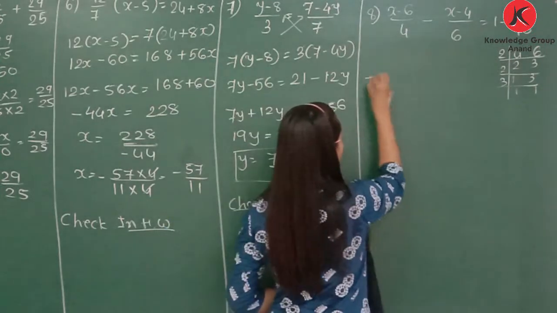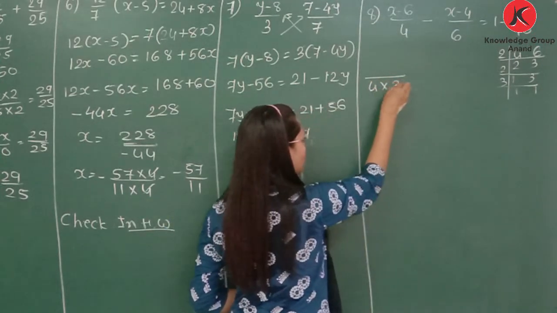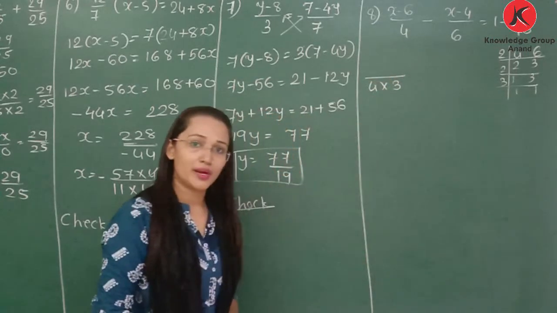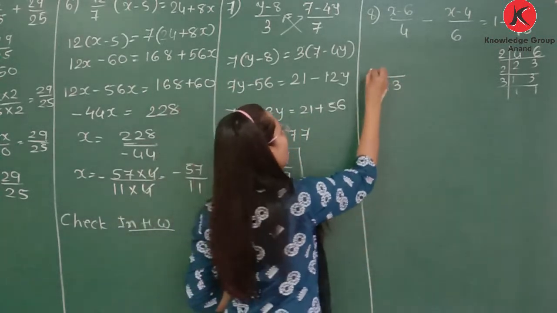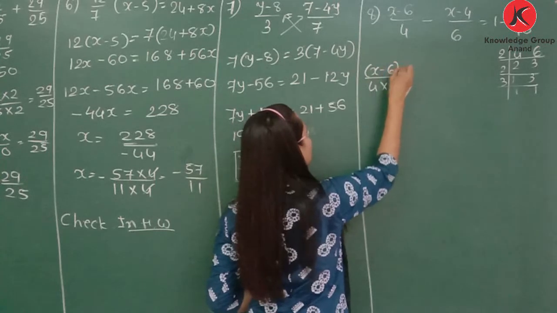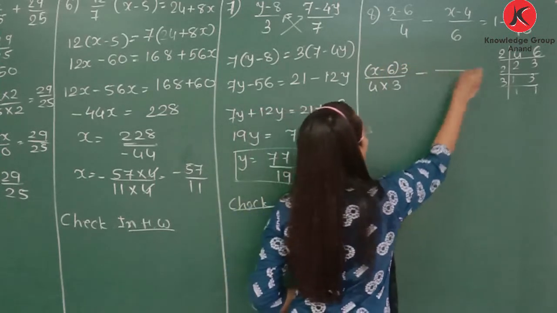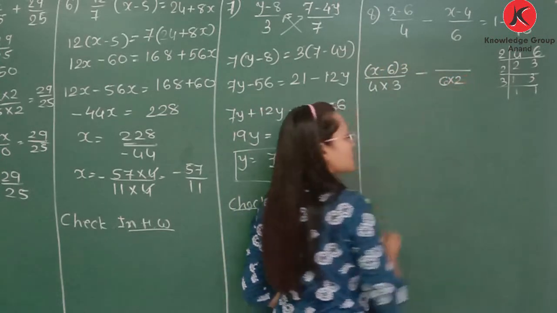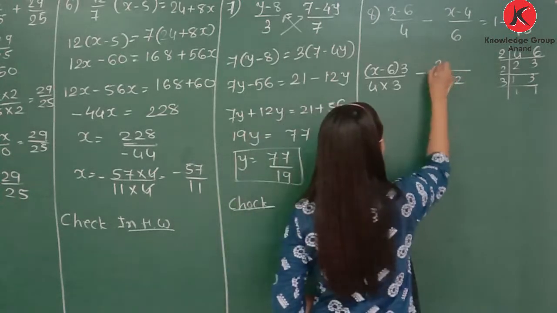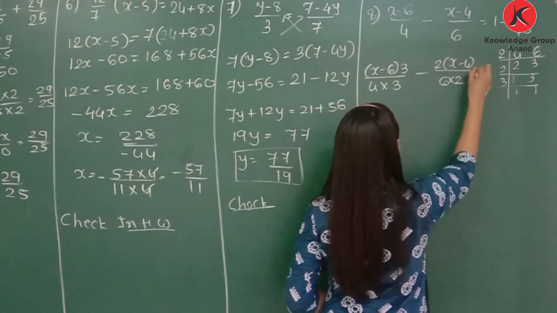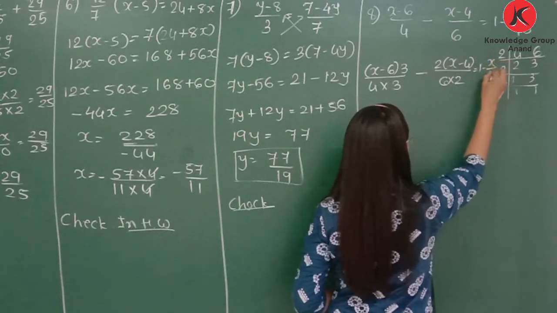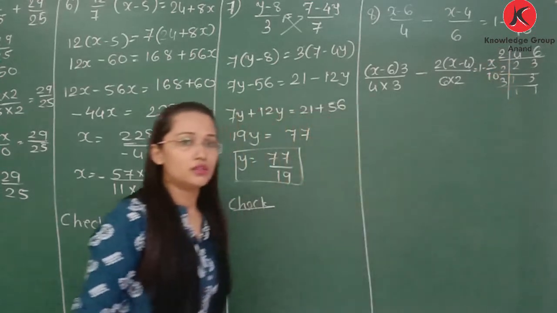So by which number should we multiply 4 to get 12? If you multiply by 3, the same number we should multiply with x minus 6. And by which number should we multiply 6 to get 12? By 2, so the same number we should multiply in the numerator. On the right side we have (1 minus x) by 10.